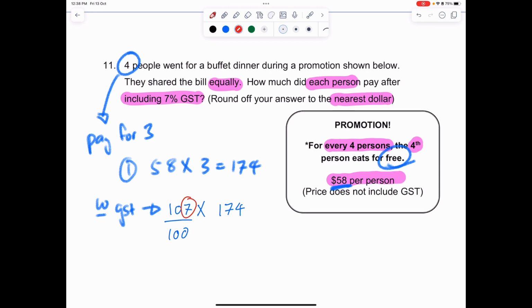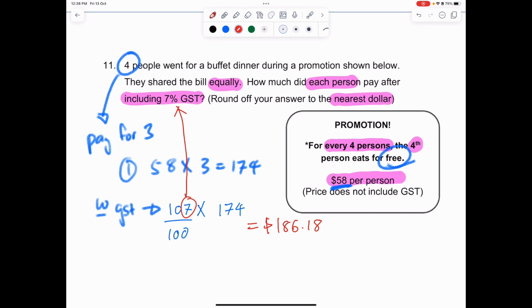This is actually the GST. Okay? So 100% is 174. 107% would be 186.18. Okay, so this is the price with GST.